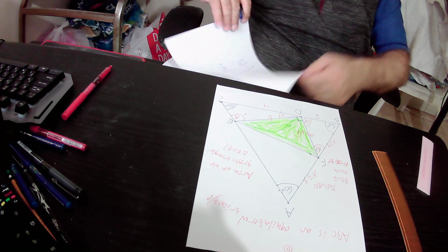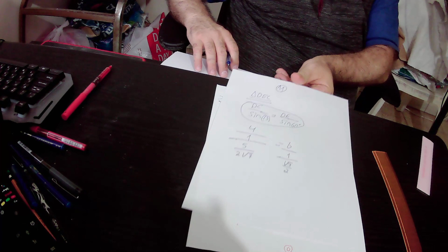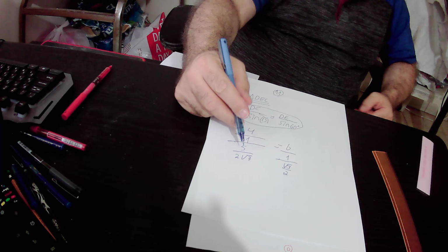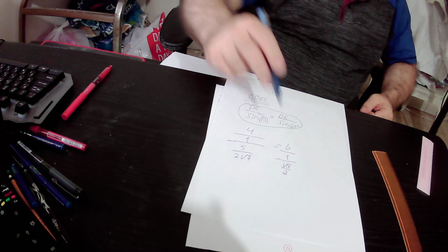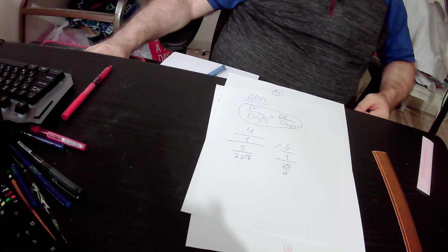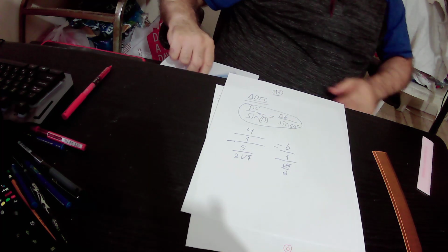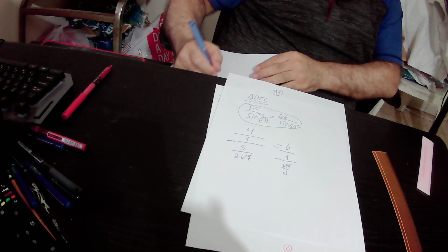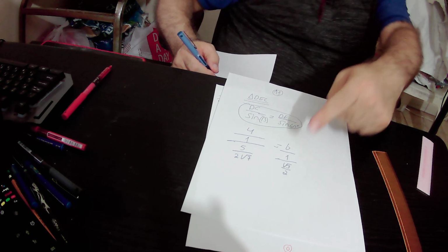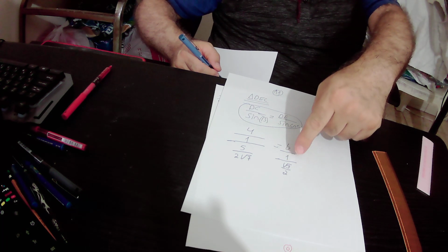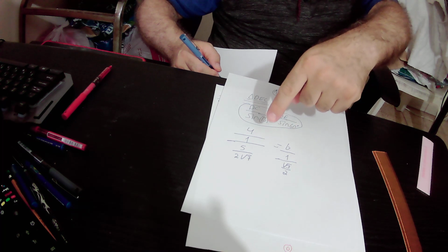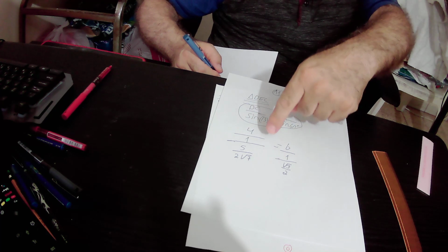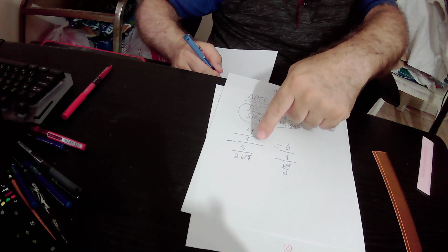So in total we got that 4 over 5 over 2 times root 7 equals B over root 3 over 2. Here we can move 2 to the numerator, root 3 to the denominator, and on the other side of the equation we can move 2 times root 7 to the numerator and 5 to the denominator.